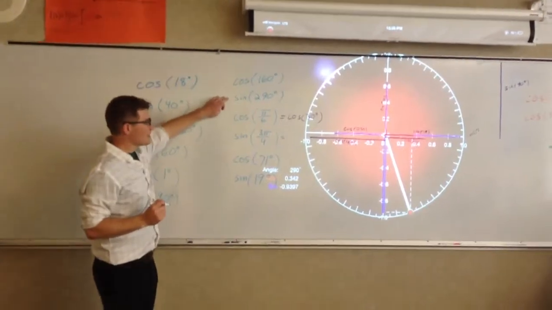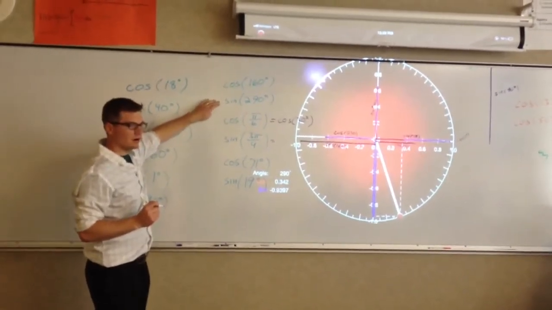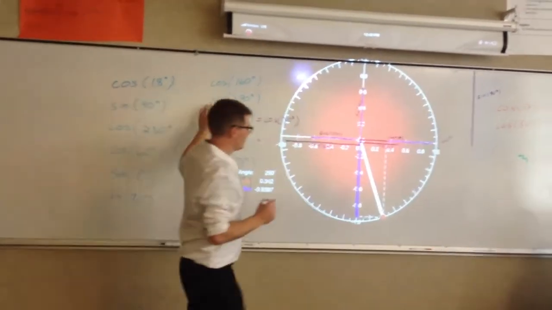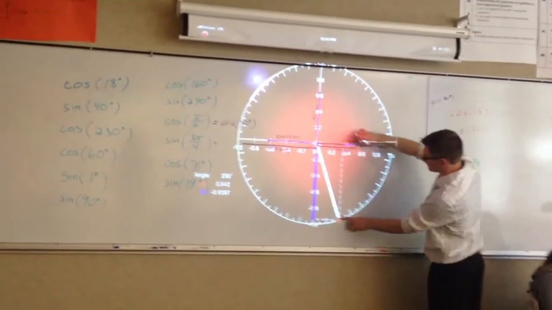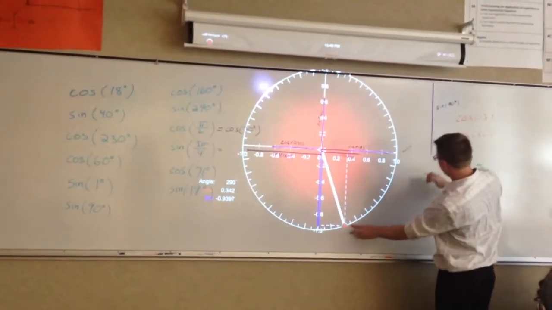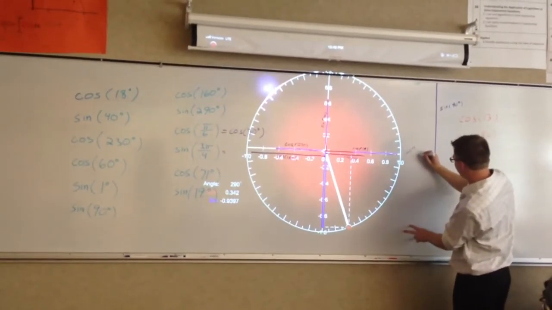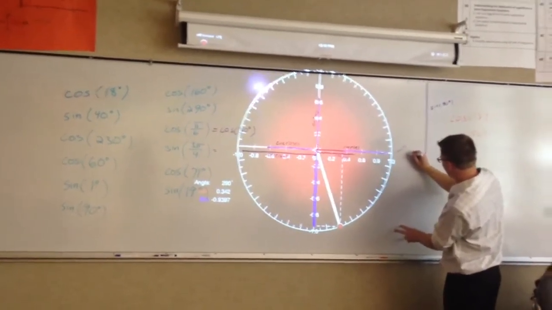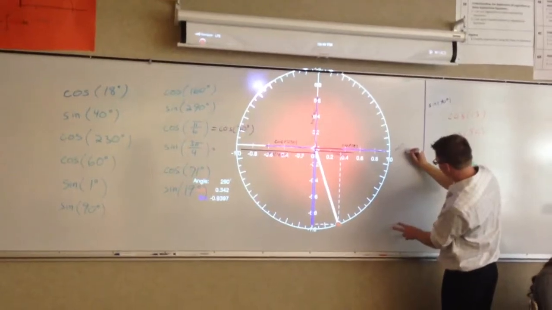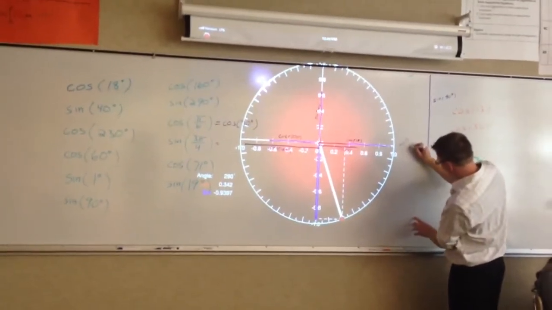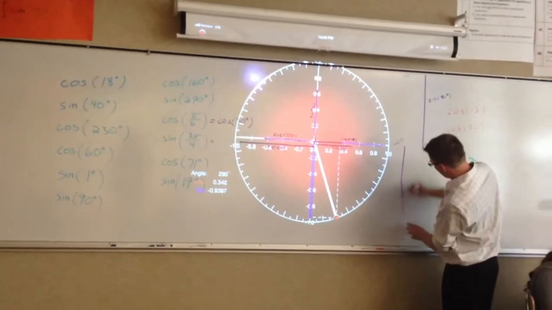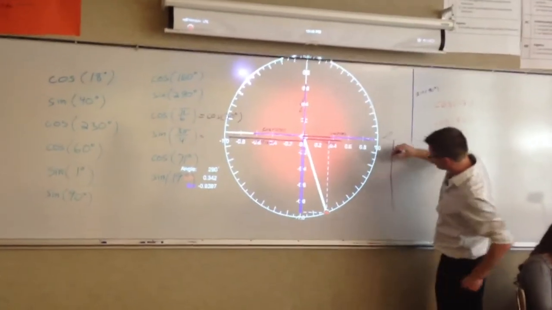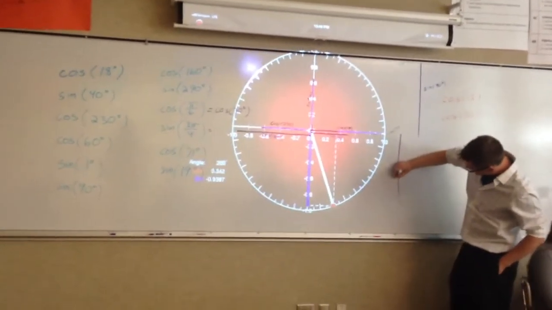Is that the x or the y? It's y. Y. 290. So that's this distance. Okay, I'll put it over here. Goes from here. Oh, I wish that was a straight line. We're okay. Sine 290.